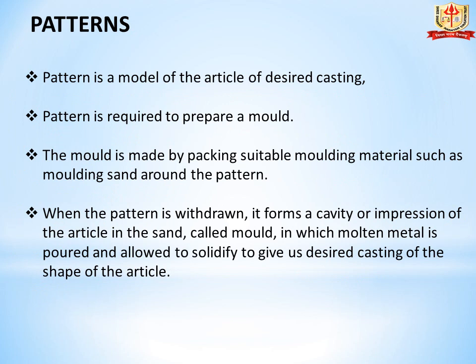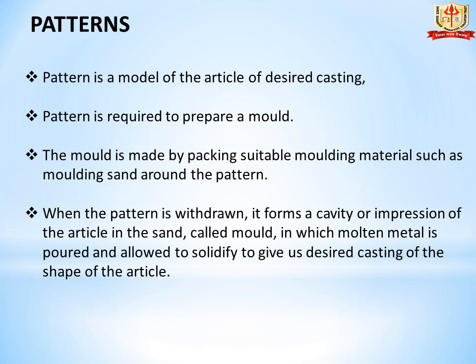Now we see what a pattern is. First point, a pattern is a model of the article of the desired casting. Second point, a pattern is required to prepare a mold. Third point, the mold is made by packing suitable molding material such as molding sand around the pattern.